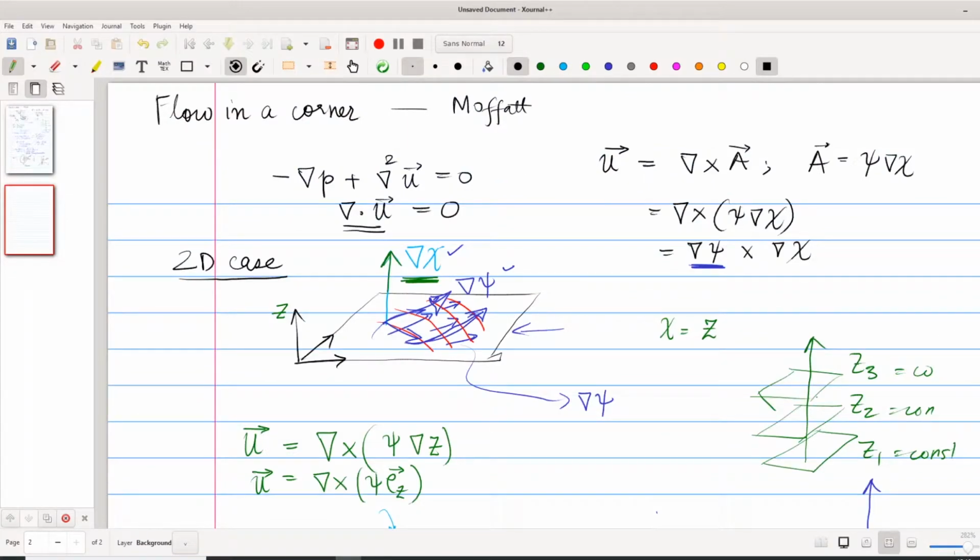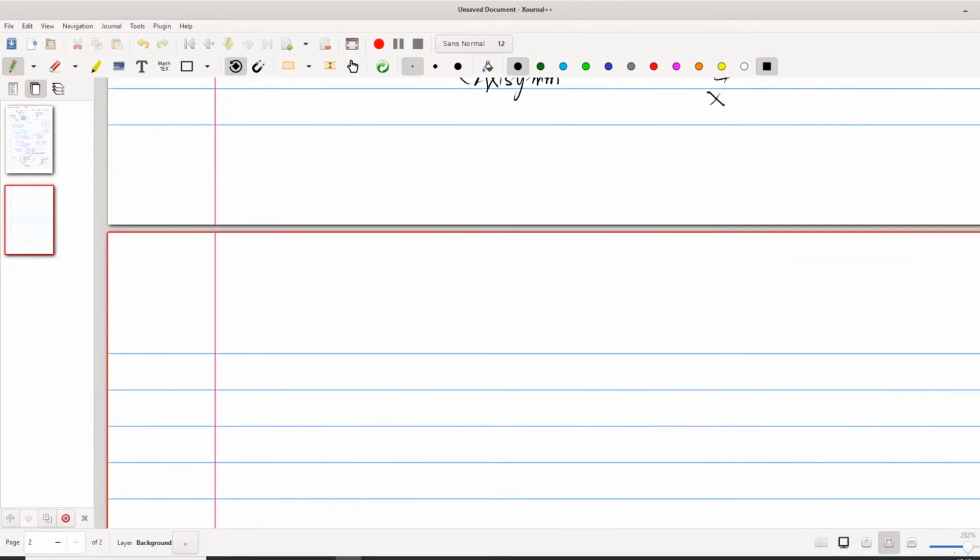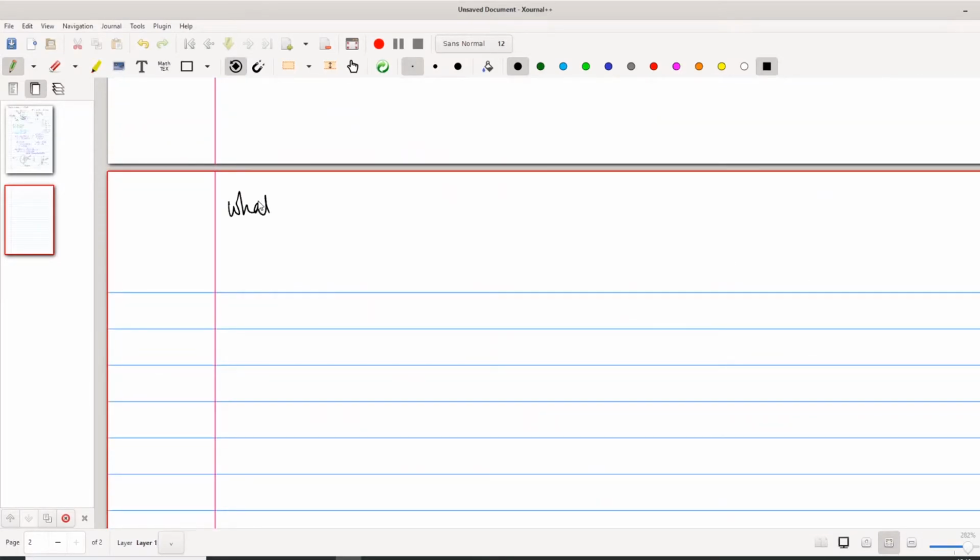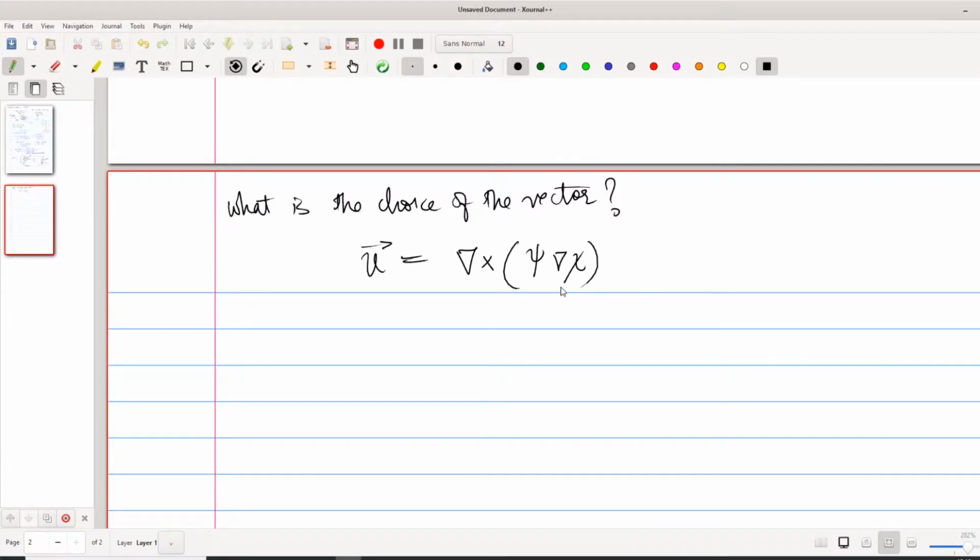But what will be the appropriate choice of the vector? We have already seen that the velocity is the curl of psi grad phi. So what should be phi in the case of an axisymmetric field?